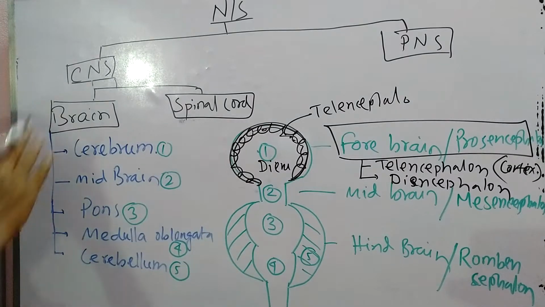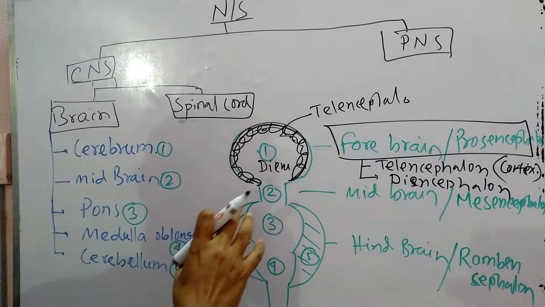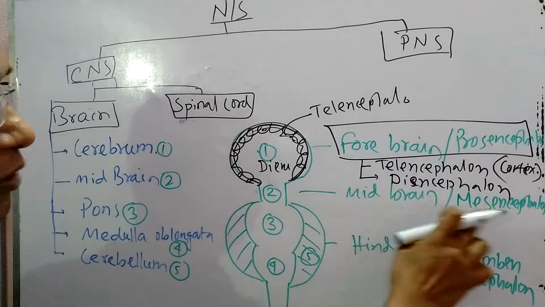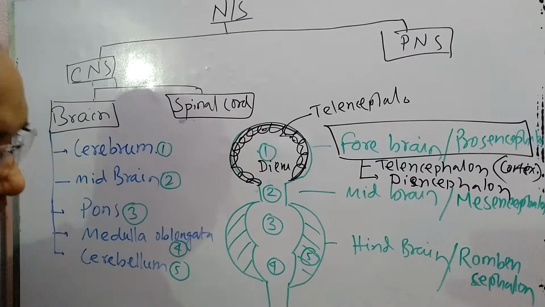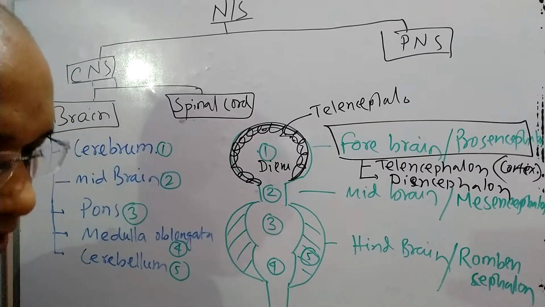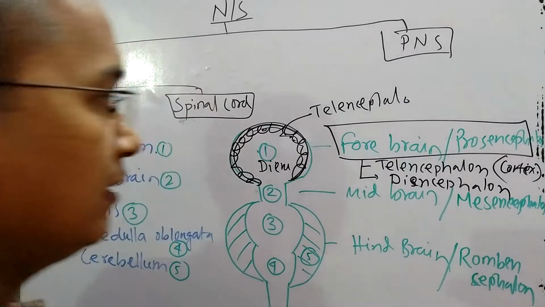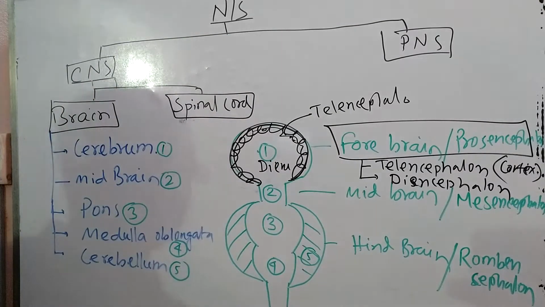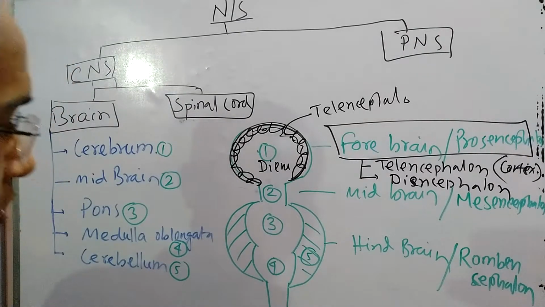So again, brain has three parts: forebrain or prosencephalon, midbrain or mesencephalon, and hindbrain or rhombencephalon. The forebrain has two parts: telencephalon, which is the superficial cortical part, and diencephalon, the deeper part of forebrain.